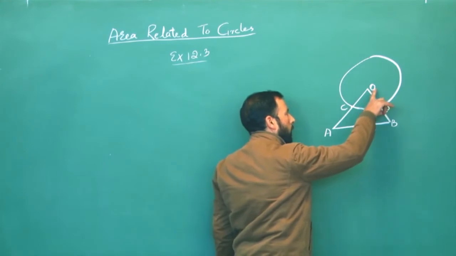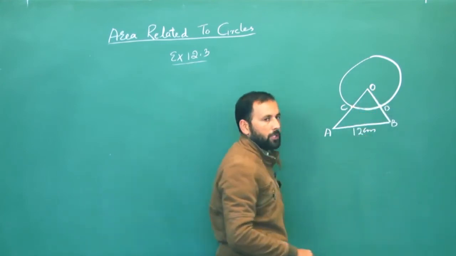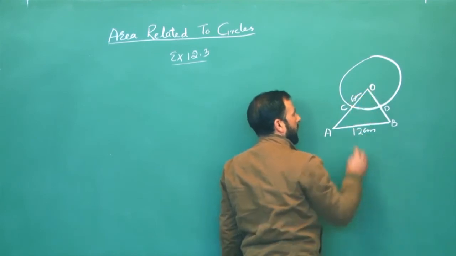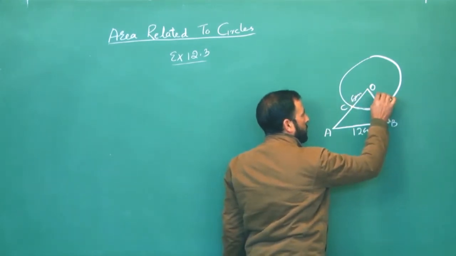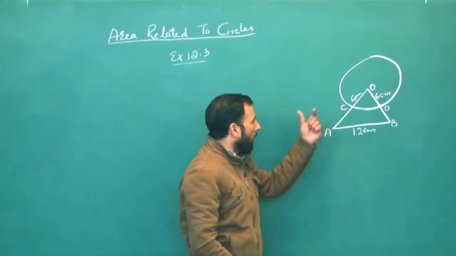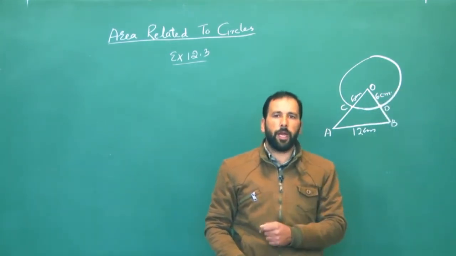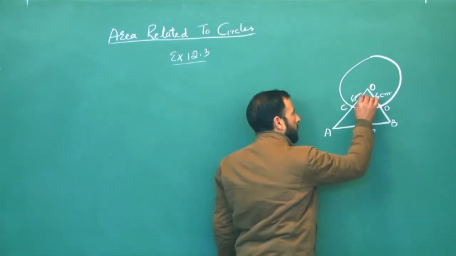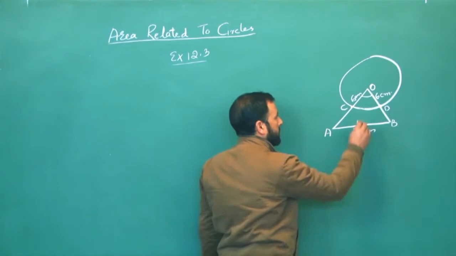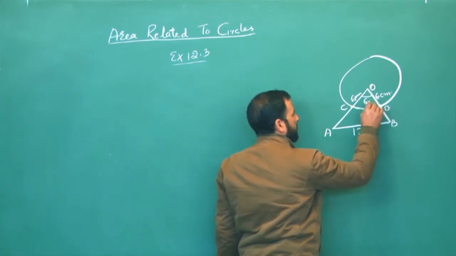In this, OC is the radius of the circle, which is given as 6 centimeter, and OD is also the radius equal to 6 centimeter. And OAB is an equilateral triangle, and this angle is the sector angle, also the angle of an equilateral triangle, and it is equal to 60 degrees.